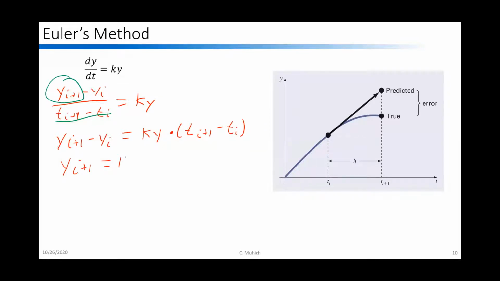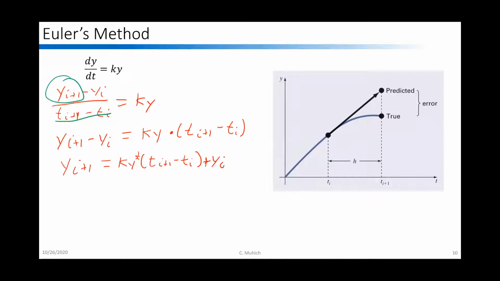So I can have k y times t_{i+1} minus t_i plus y_i. Okay, so now we have this form that I'm looking for.